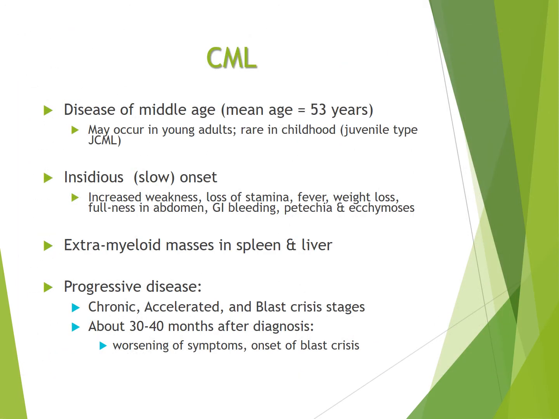Myelogenous leukemia is an MPN arising from a single genetic translocation in the pluripotent hematopoietic stem cell, producing a clonal overproduction of the myeloid cell line, resulting in a lot of immature cells in the neutrophil cell line.